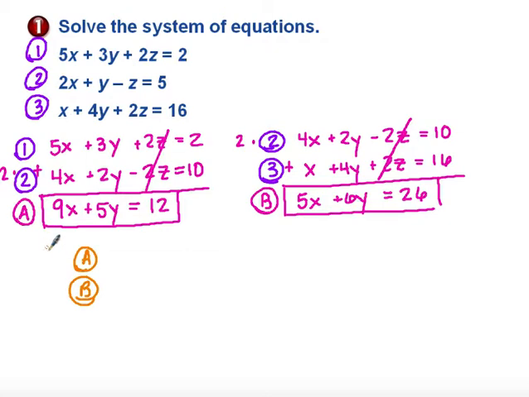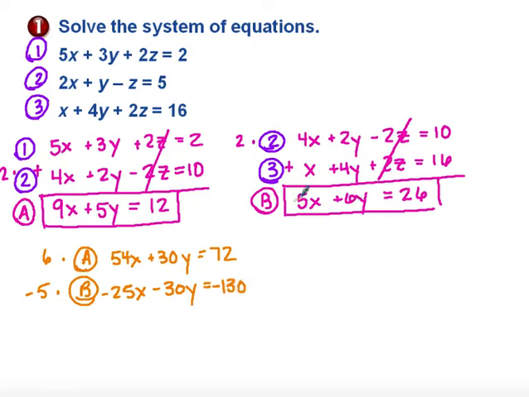So I'm going to multiply my A equation by 6, giving me 54x plus 30y is equal to 72. I'm going to multiply my B equation by negative 5, and that's going to give me negative 25x minus 30y is equal to negative 130.